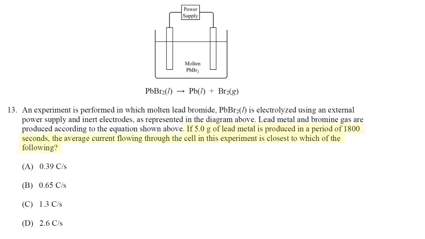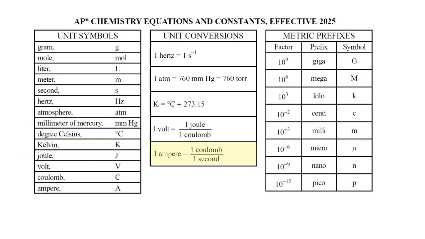So the question says, if 5.0 grams of lead metal is produced in a period of 1800 seconds, the average current flowing through the cell in this experiment is closest to which of the following? So look at all 4 choices. They have units of coulombs per second. So on the equation sheet under the unit conversions section, 1 amp is equal to 1 coulomb per second.